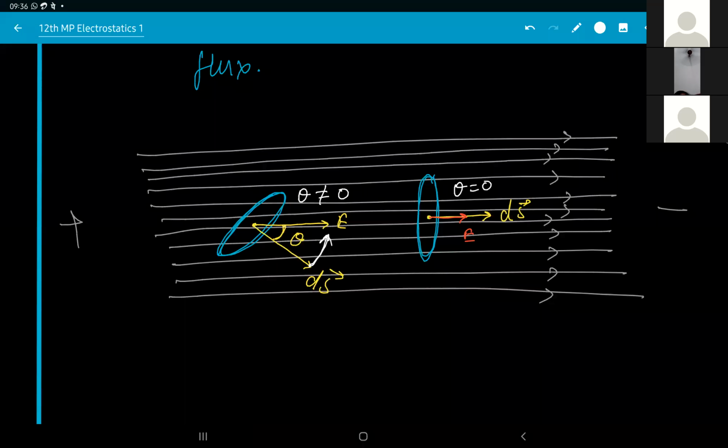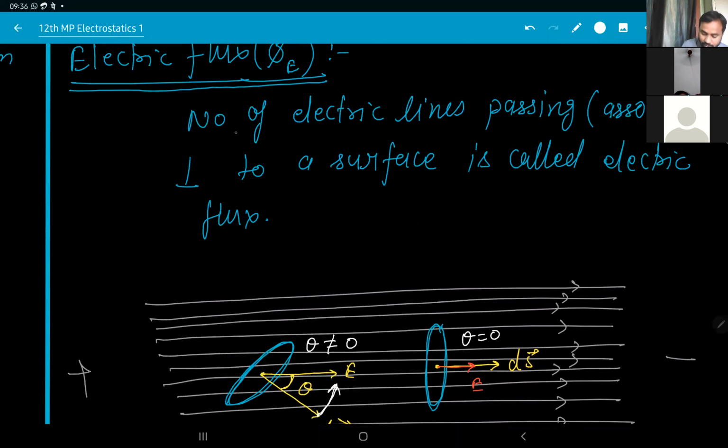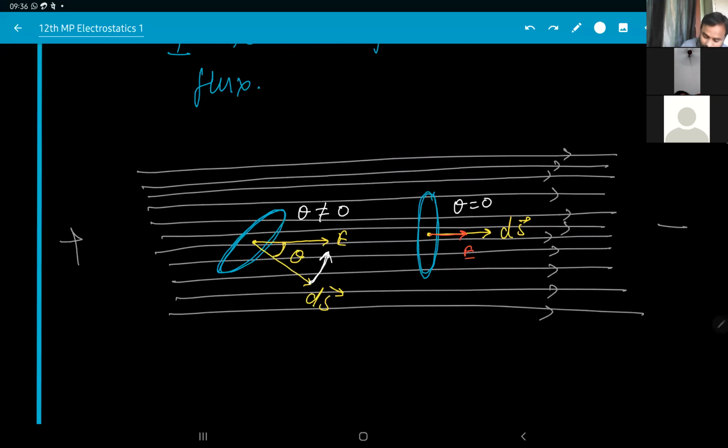The value of cos theta increases on decreasing theta, and the value of sin theta decreases on decreasing the angle. Now by the definition, what do we need? The number of electric lines passing perpendicular to the surface is called electric flux. So that means we need to make it perpendicular.